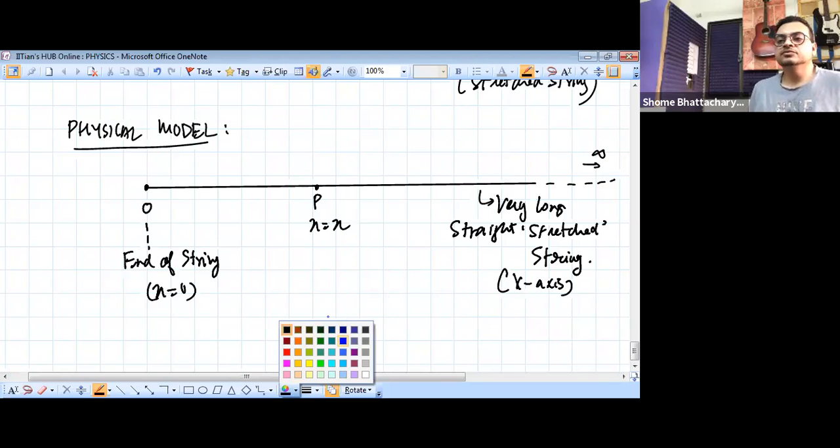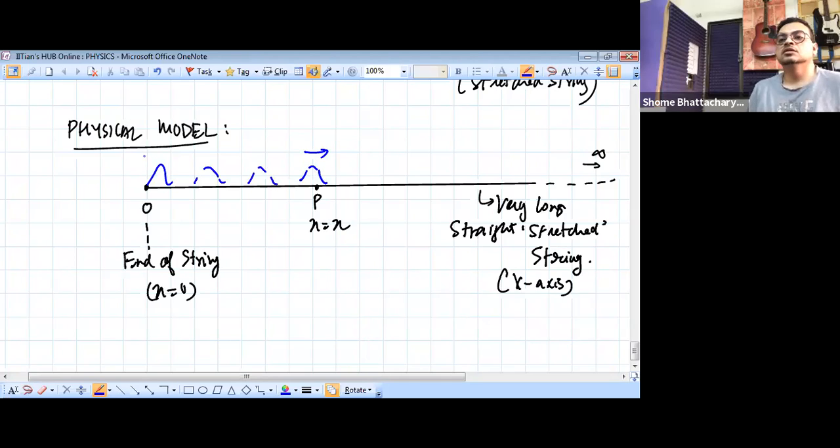So now we see that if we give some kind of a disturbance at the origin, then eventually that disturbance travels along this. So that disturbance will be defined by the displacement along the y-axis.